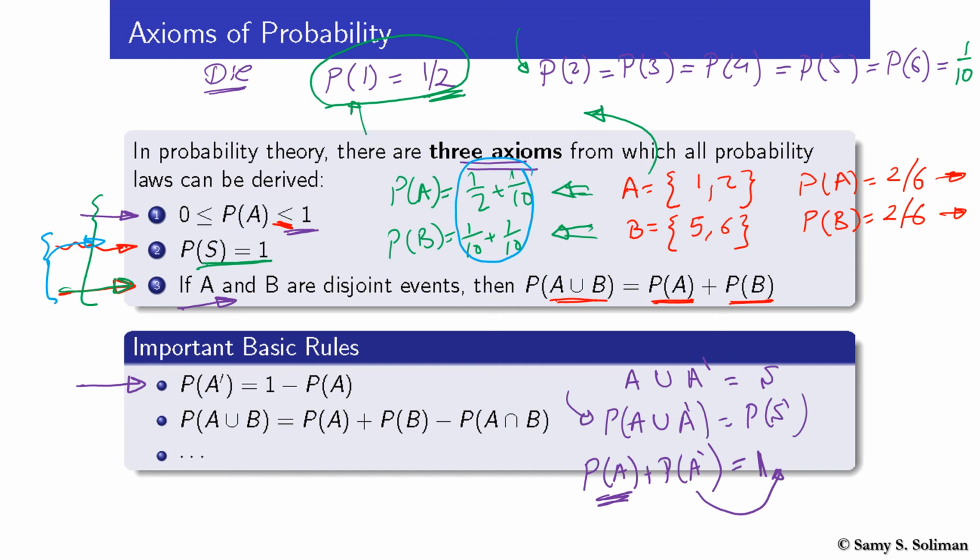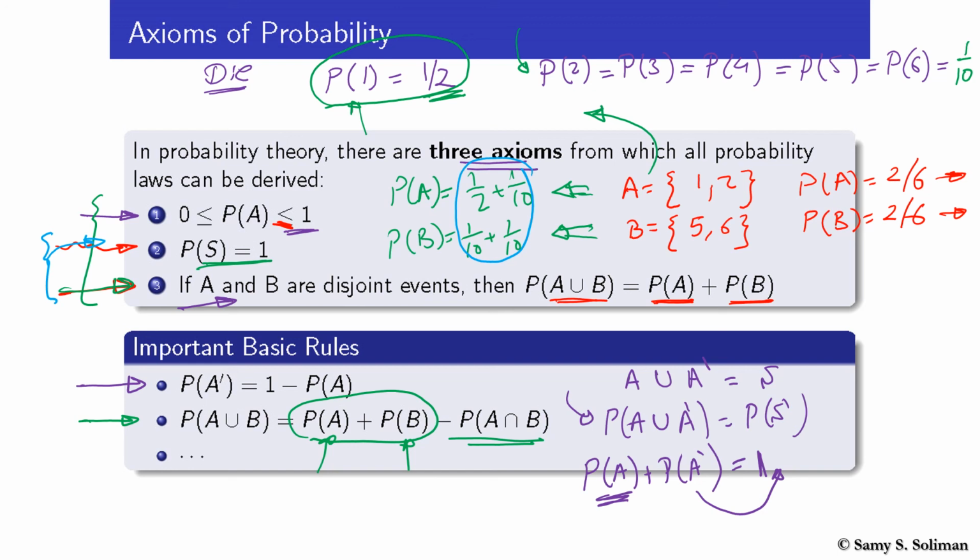Another basic rule that is used a lot is the probability of the union of two events in case the two events are not mutually exclusive. If they are mutually exclusive, from axiom 3, the probability is the probability of A plus the probability of B. But since in the general case they are intersecting, we have to exclude the elements in the intersection because they were counted twice in these two probabilities.